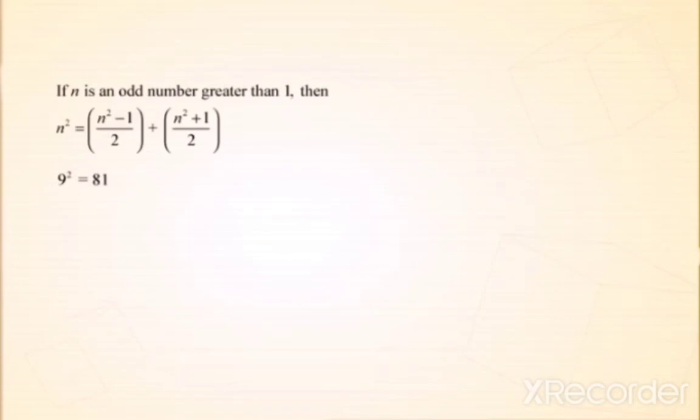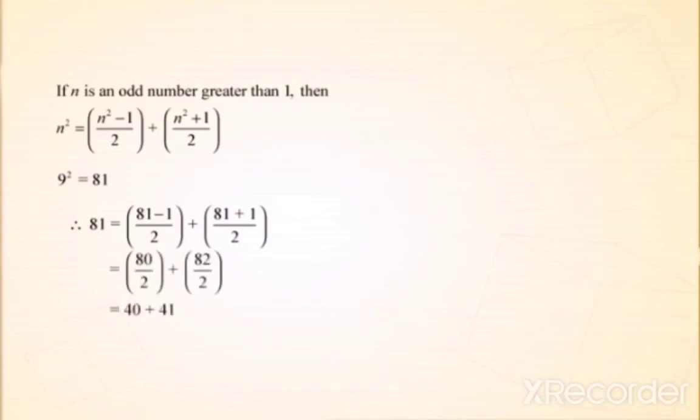Therefore, using the above formula, 81 is equal to (81 minus 1) divided by 2 plus (81 plus 1) divided by 2. On simplification, you get 81 is equal to 40 plus 41. Here, 40 and 41 are two consecutive natural numbers.